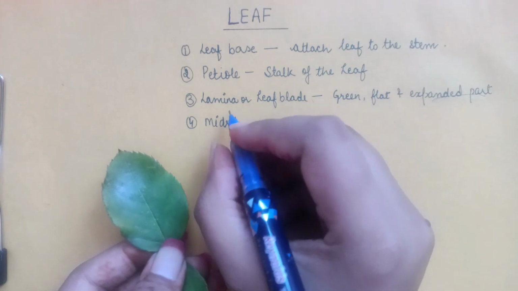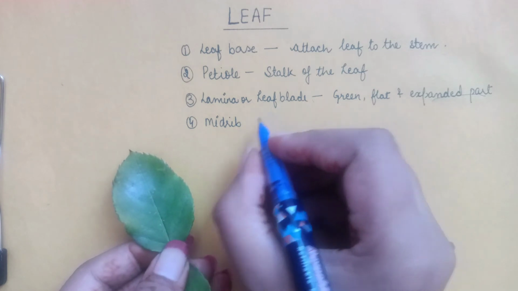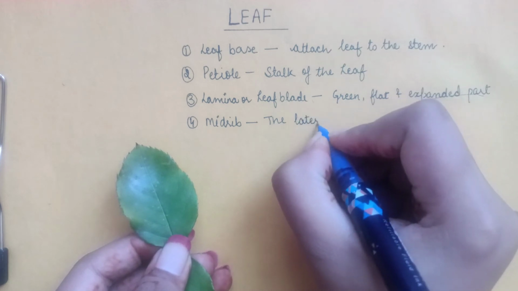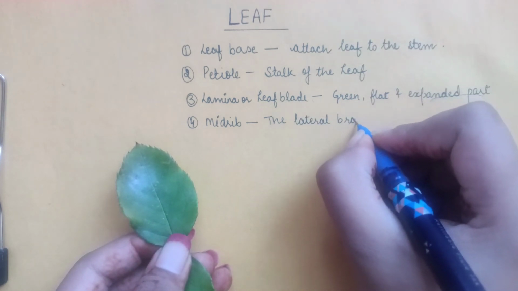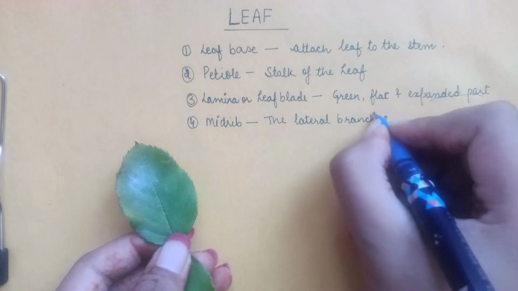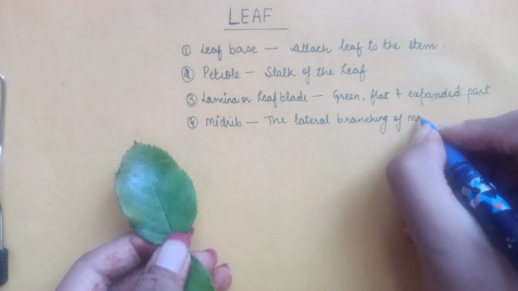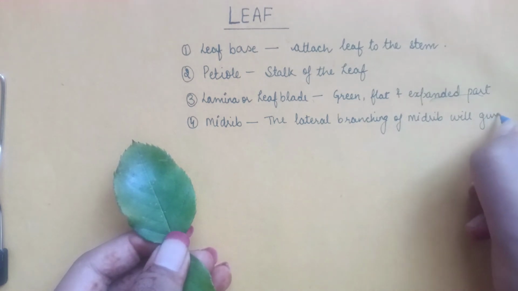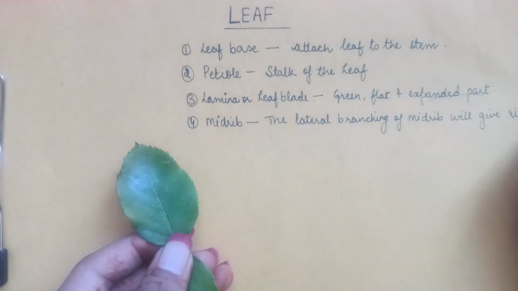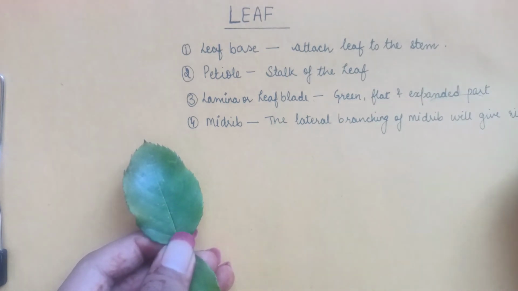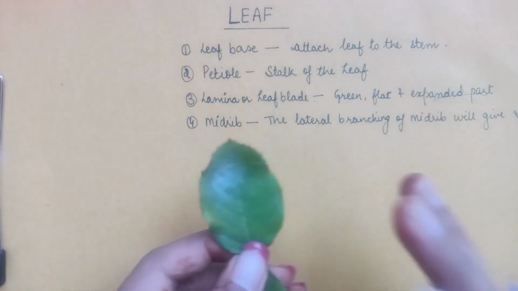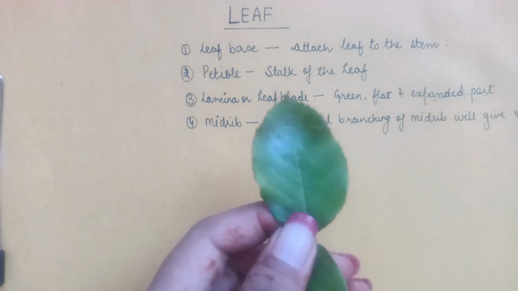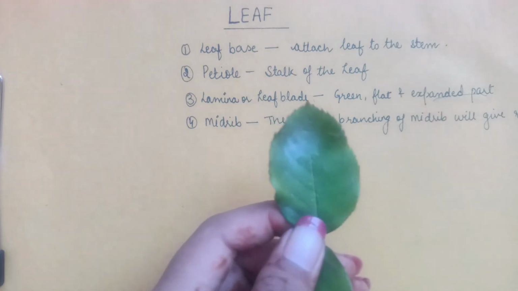So the lateral branching of the midrib will give rise to veins, and veins will further branch out into veinlets, and this network formed by these veins and veinlets in the lamina is known as venation, and we are going to talk about this in the next video.